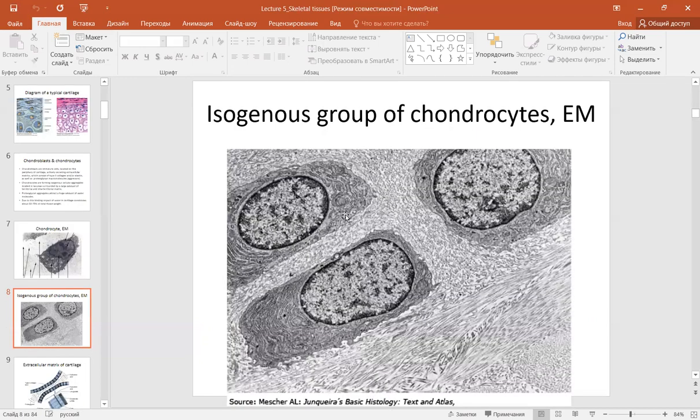Here we have the isogenous group of chondrocytes surrounded with the ground substance and fibrous elements. Rough endoplasmic reticulum is present, Golgi complex, euchromatinized nuclei, and mitochondria, which are necessary for the energetic supply.